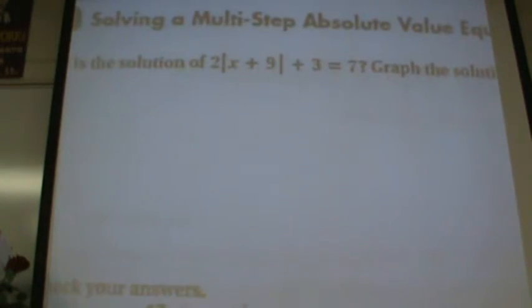Check out this one. Anyone have an idea what we should do? Should we distribute the 2? No, it's not a parentheses. Good job. But do we just break this up? Before you break it up, make sure the absolute value is alone.